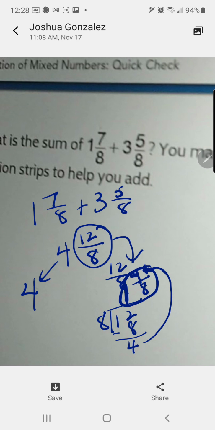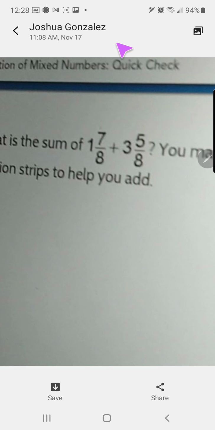Okay, let me go ahead and erase that real quick because I'm running out of space. I said the whole number was 4. Let me do that again one more time. The improper fraction was 12 over 8.